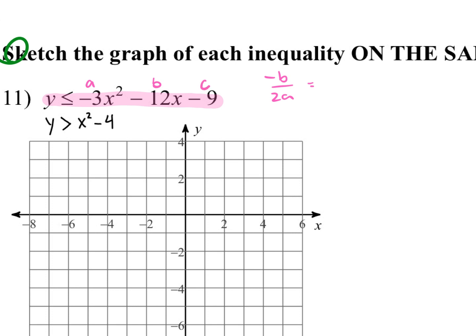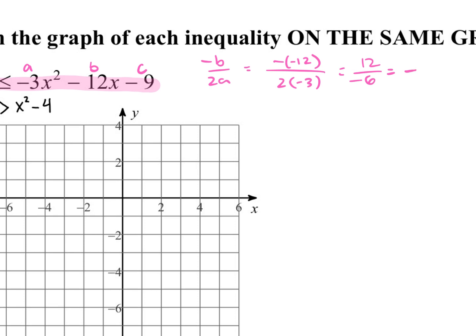And c is -9. So let's plug in. So we have negative 12 over 2 times negative 3. So that would be 12 over negative 6, which simplifies to what? Negative 2. So negative 2 is going to be the first number in our vertex.